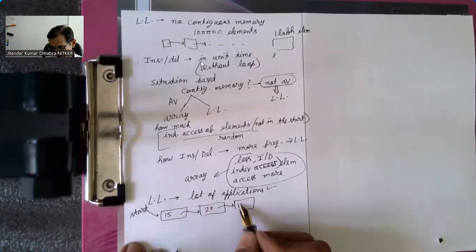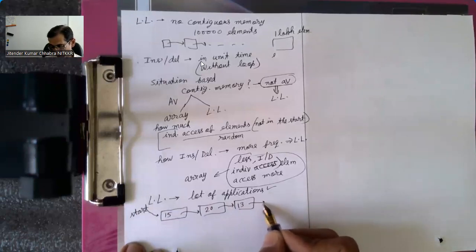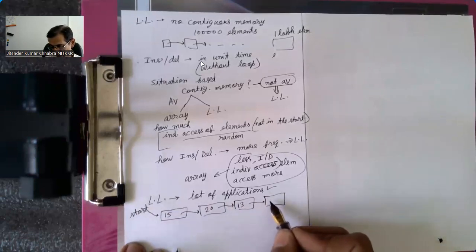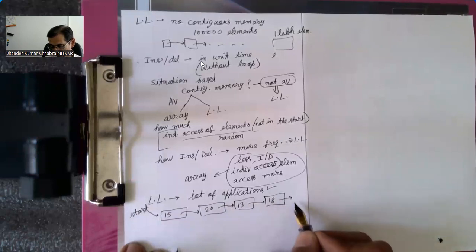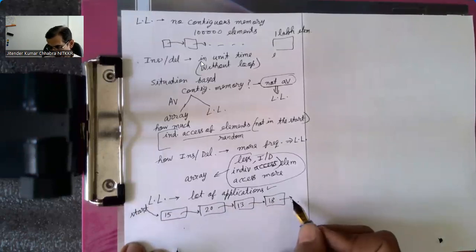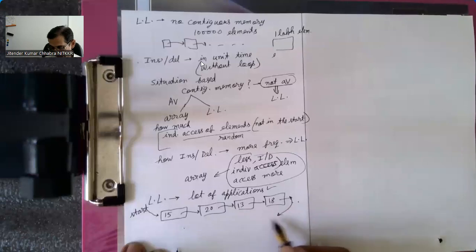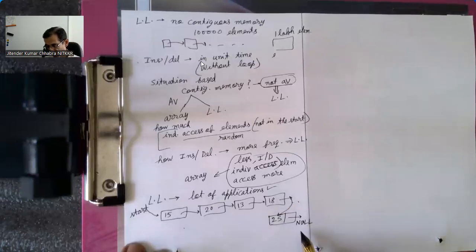Then it will have the address of the next value where 13 is stored, and the next address is stored. It stores 18, next address stored, etc. Once you have the last node, normally this node will have the address as null. So the last node will normally be terminated by a null pointer.